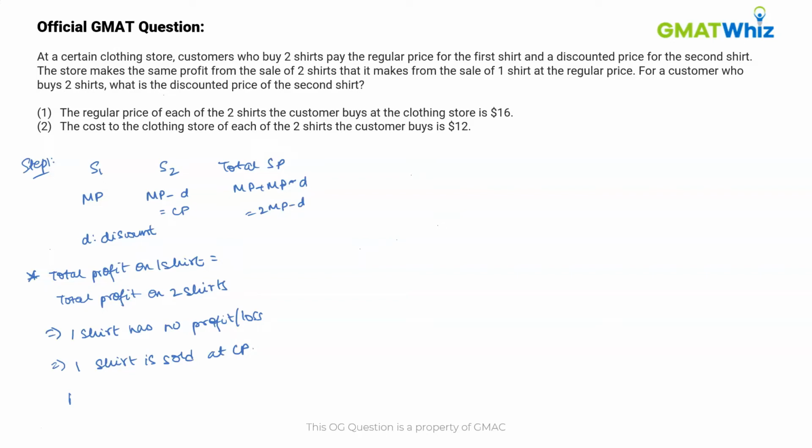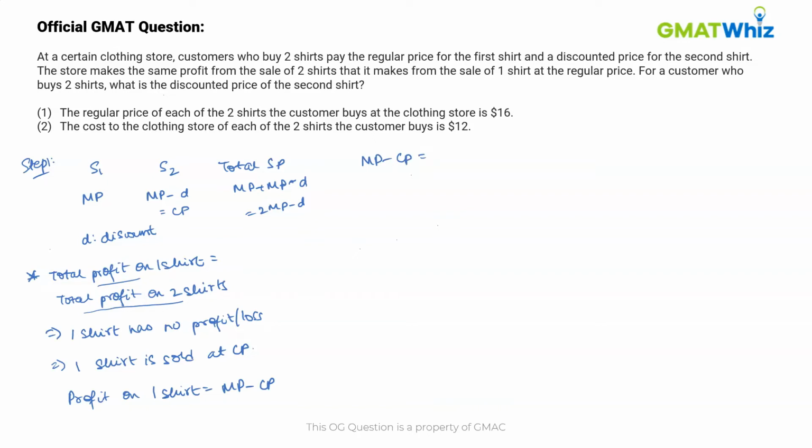Now the profit on one shirt is equal to mark price minus cost price, and according to the equation we have in step 1, we can write the profit on one shirt, which is equal to MP minus CP, as the profit on the two shirts.